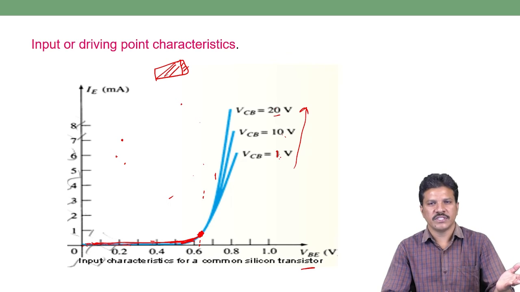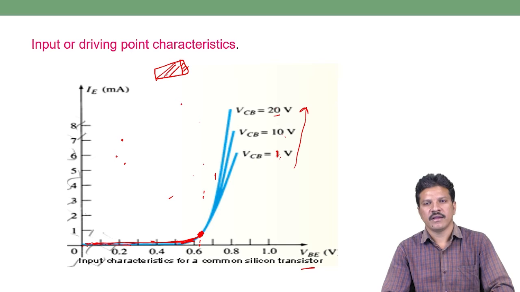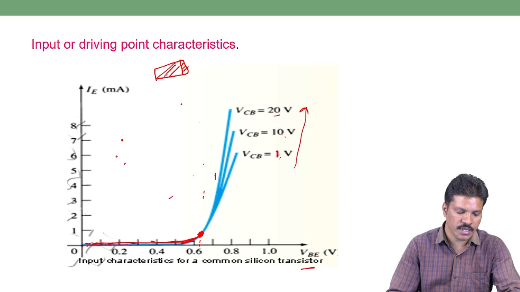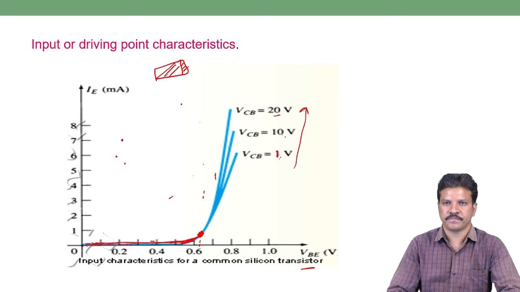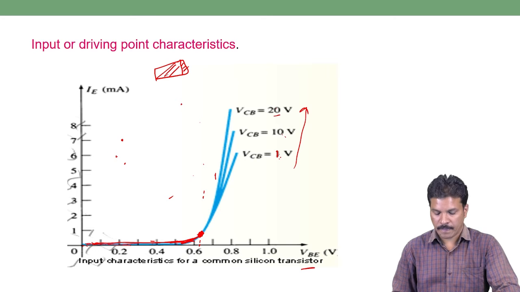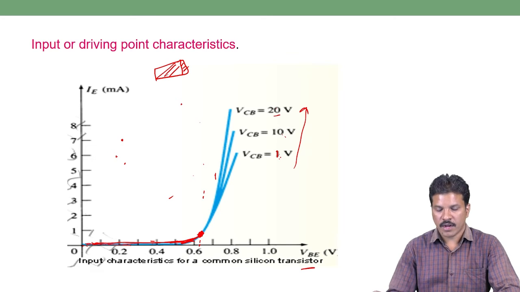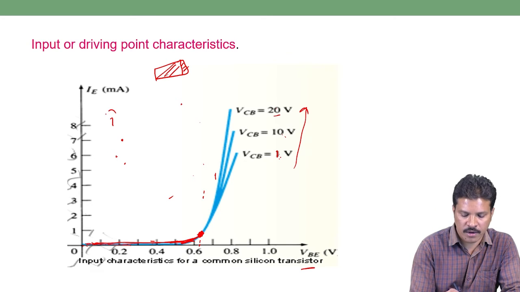The input junction must be on, and in order to get that, we have to provide a base to emitter voltage of minimum 0.7 volts. And that is one important point.